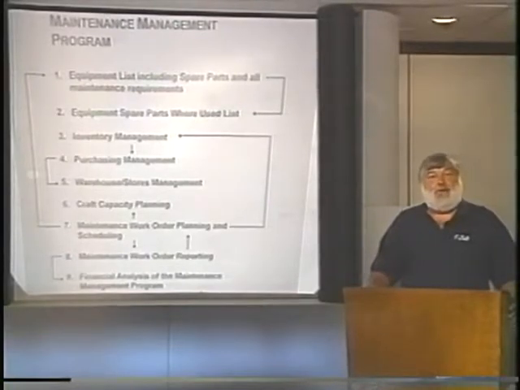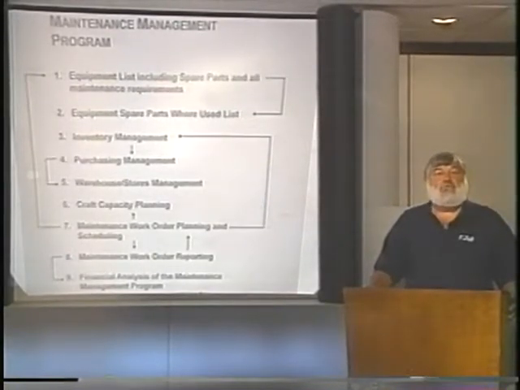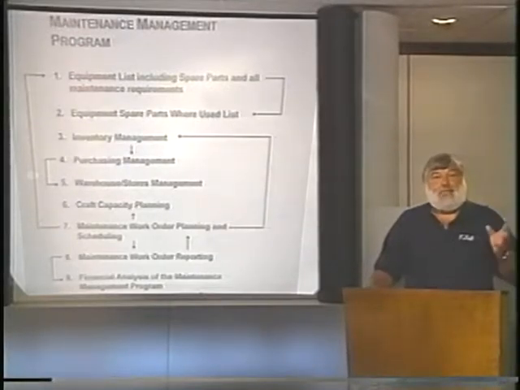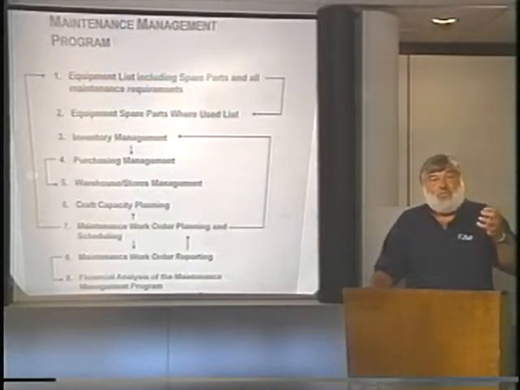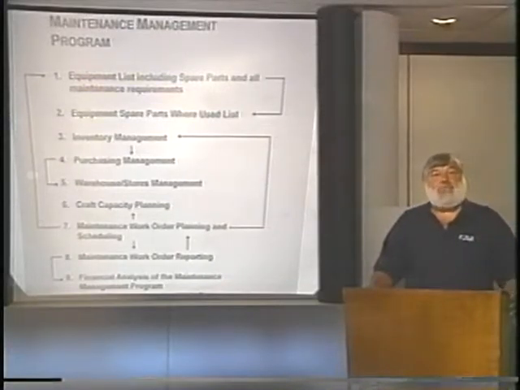If you look at that arrow on the left-hand side that goes from 7 up to 1, that is really the link between all of the equipment and assets, the spare parts requirements, and the maintenance requirements. That, in essence, is what is triggering maintenance work order planning and scheduling.